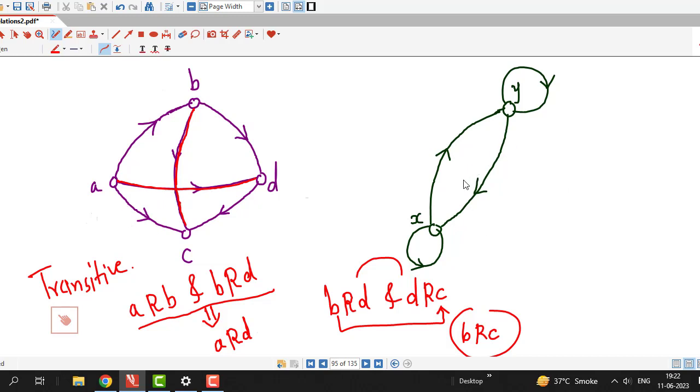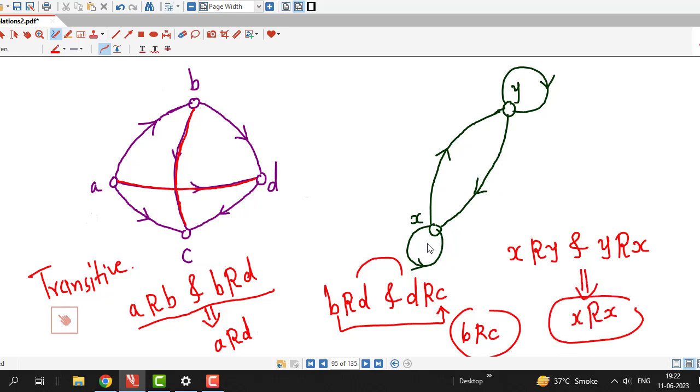Here I have only two vertices X and Y, so we can see there is an arrow from X to Y, that is X is related to Y, and Y is also related to X. Therefore we must have X related to X for the transitive property, and we can see there is a loop at X, therefore X is related to X. Similarly, we can check that Y is related to X and X is related to itself, therefore Y must be related to X, so that is also satisfied.